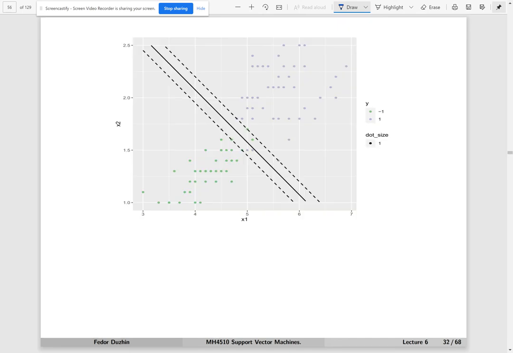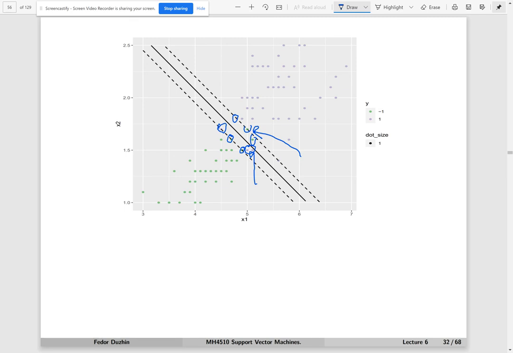The difference is that since now we are going to tolerate some misclassification, some training observations are allowed to be strictly between the margins. So these are the points that are either on the margins or between the margins. Here, here, here, here, here, here. And some of them are misclassifications, like these two and these two.